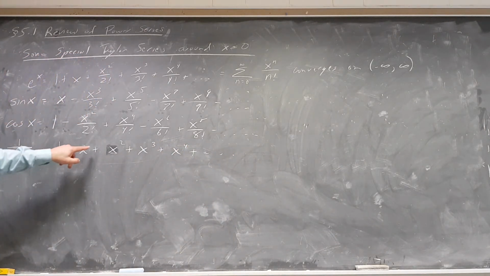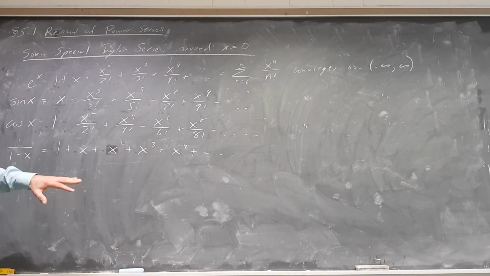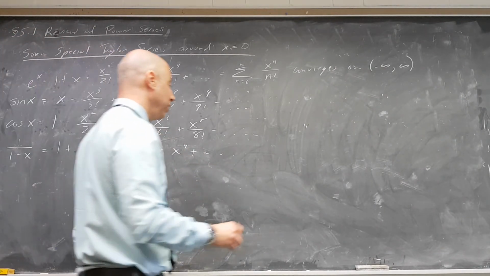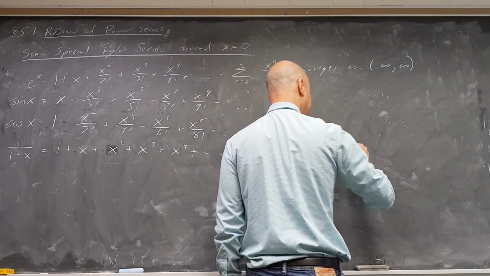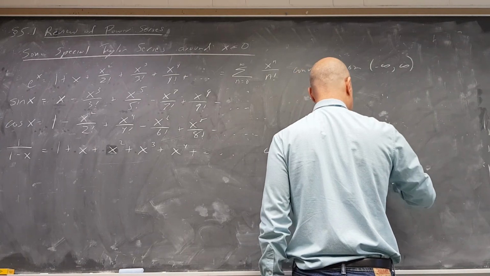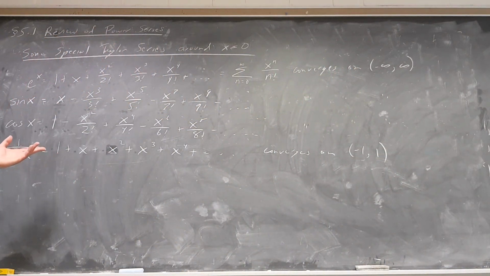All the coefficients are just 1, and they're all plus. And this only converges on the interval -1 to 1, the open interval -1 to 1, which is an interval centered at 0. All 4 of these Taylor series are centered at 0.